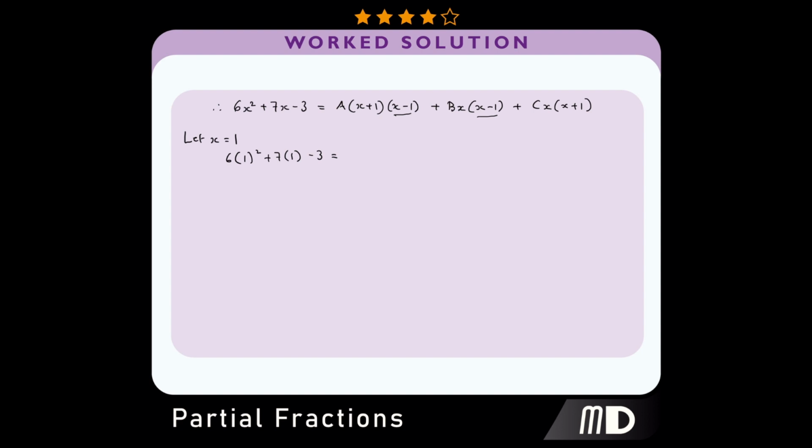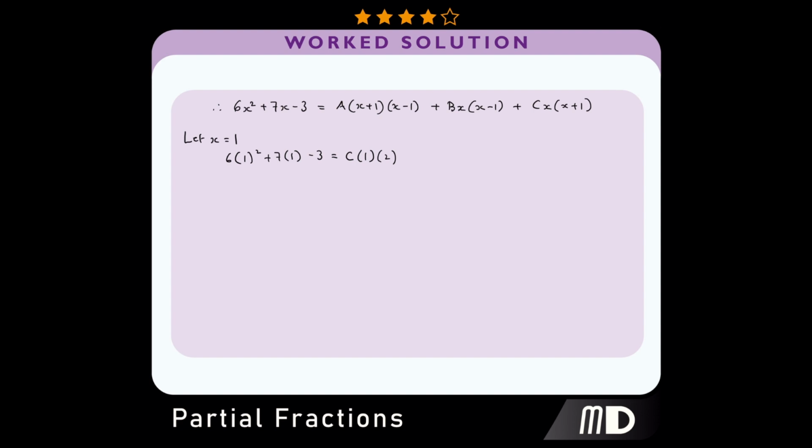So the only part that won't be 0 is the part involving the variable c. So that gives us c multiplied by 1 multiplied by 1 plus 1, which is 2. So all we've done there is substitute x equals 1 into the equation.